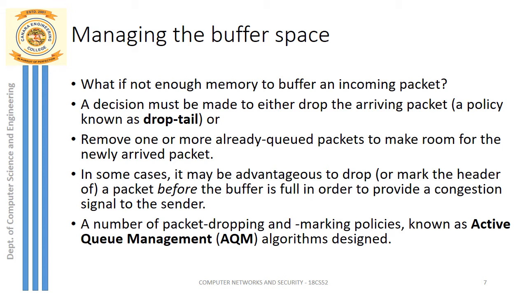That is why all these algorithms used for managing the buffer space are called active queue management algorithms. In these algorithms, sometimes packets will be dropped based upon some criteria, and some packets will be marked based upon some policies.